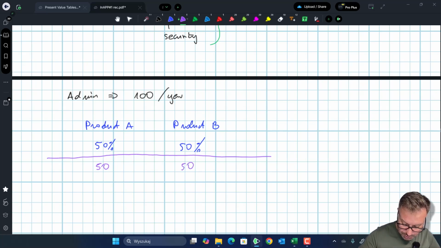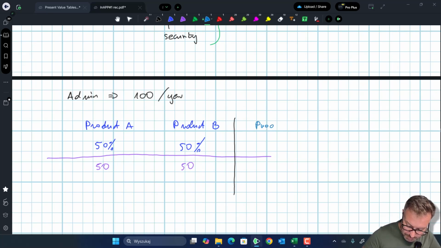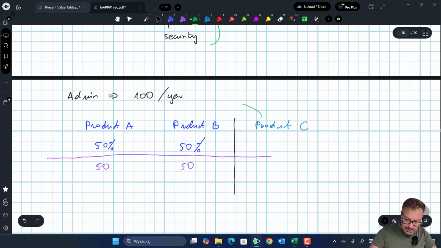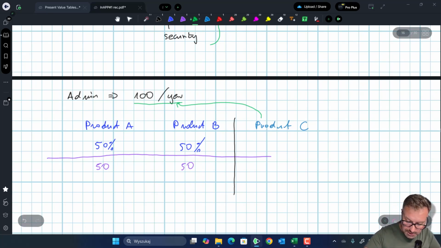Let's now assume that this company is expecting a new investment project, and this project is all about producing product C. So if this product C doesn't change the total costs connected with the administrative department, nothing will change except for the new allocation.